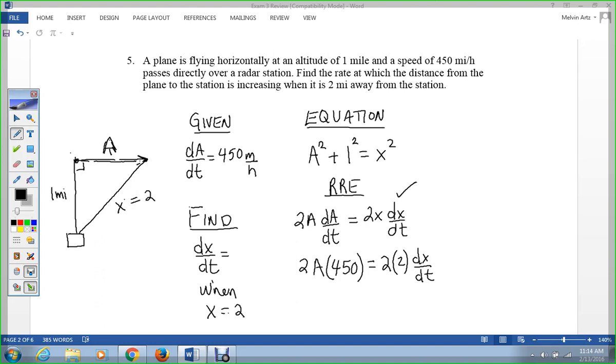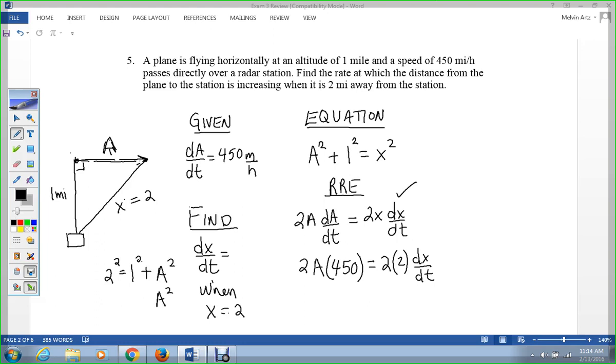at this instant, x equals 2, and the other leg is always 1. So we should be able to solve for A at this instant. So we would have 2 squared equals 1 squared plus A squared.